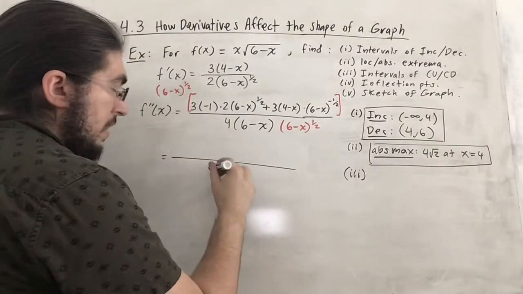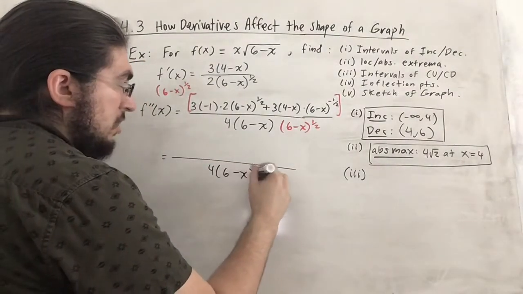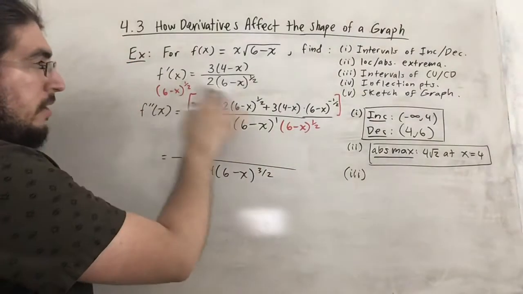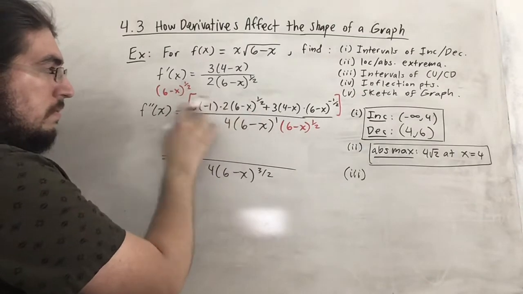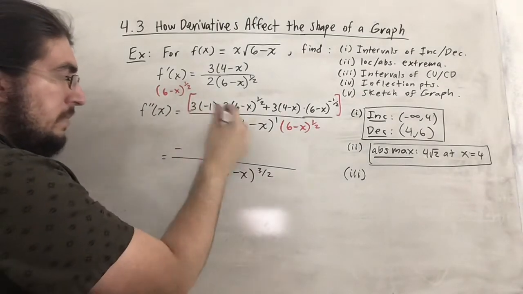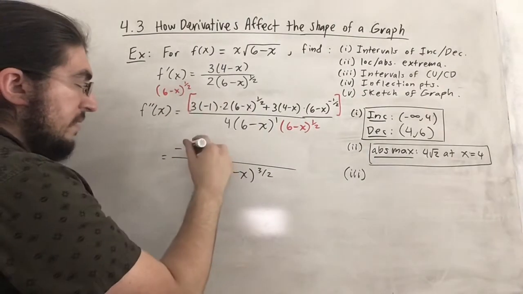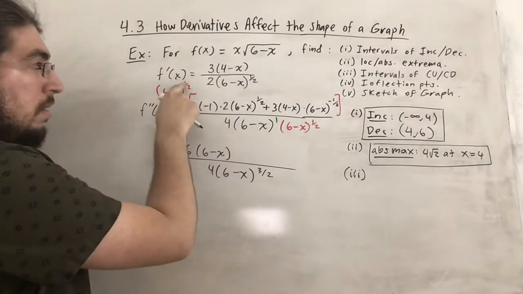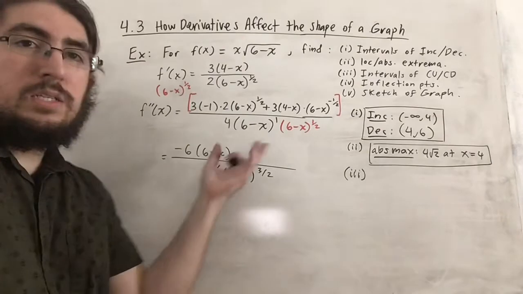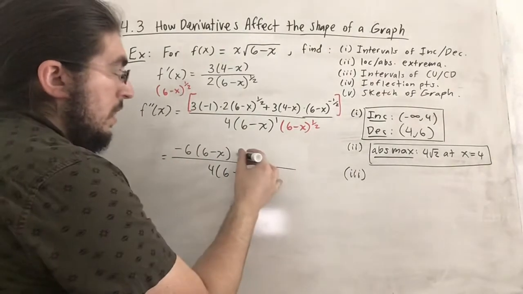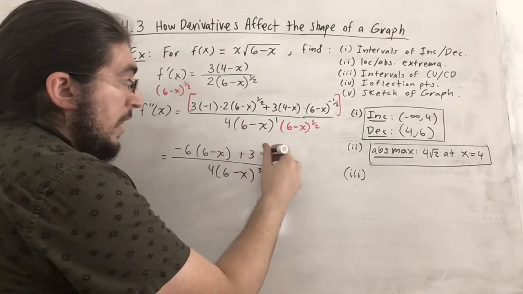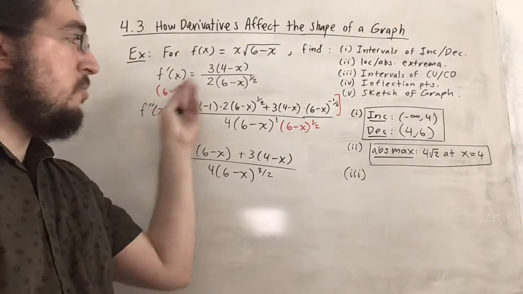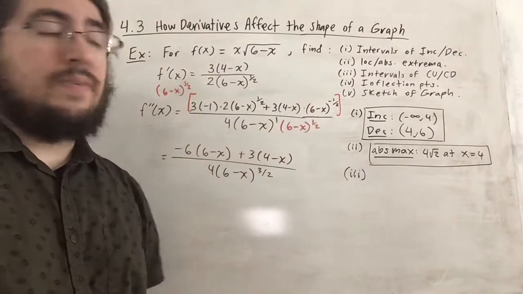So now at the bottom we have 4 times 6 minus x to the 1 plus 1/2, which is 3/2. Here, this combined, really this is just -6. 3 times -1 times 2 is -6. So that's 6 minus x to the, well, 1/2 plus 1/2 is just 1, so there's no power to write really. And then plus 3 times 4 minus x, and no other factor because distributing this in here will cancel this factor.